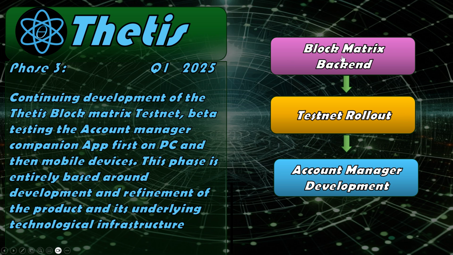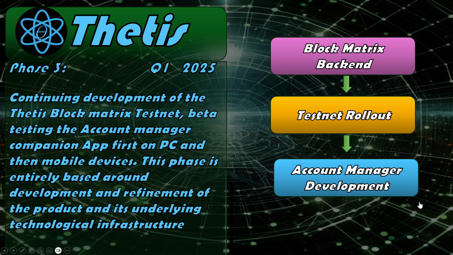Basically, at this phase, late in Q1, we want to have the block matrix backend ready to go for testing, roll out the testnet, and then start finishing up development on the account manager that's going to plug into these backends. Basically it's just one backend. It's the block matrix backend.